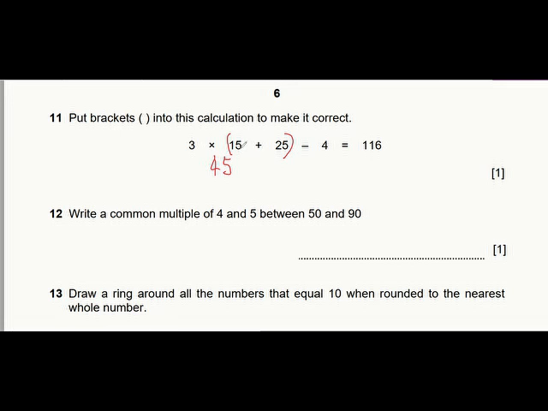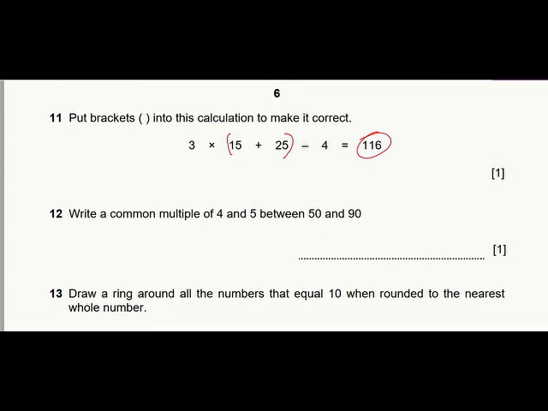Now it says 15 plus 25 is, we have to erase this 45. 15 plus 25 is 40. 40 times 3 is 120. 4 times 3 is 12, so 40 times 3 is 120. 120 minus 4 is actually 116.